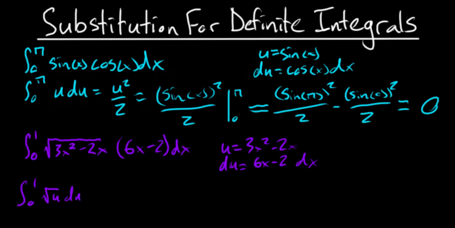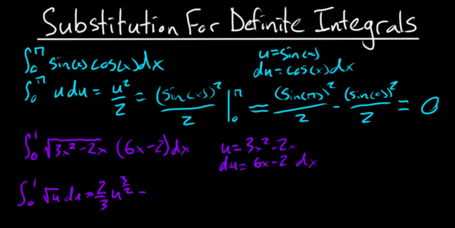If you did not already know this, square root of u can be rewritten as u to the 1/2 power, so when we're integrating, we can just use the reverse power rule. When we raise that power by 1, it becomes u to the 3/2 power. And if we divide by that new power 3/2, we can just multiply by the reciprocal, so it becomes 2/3 u to the 3/2 power.